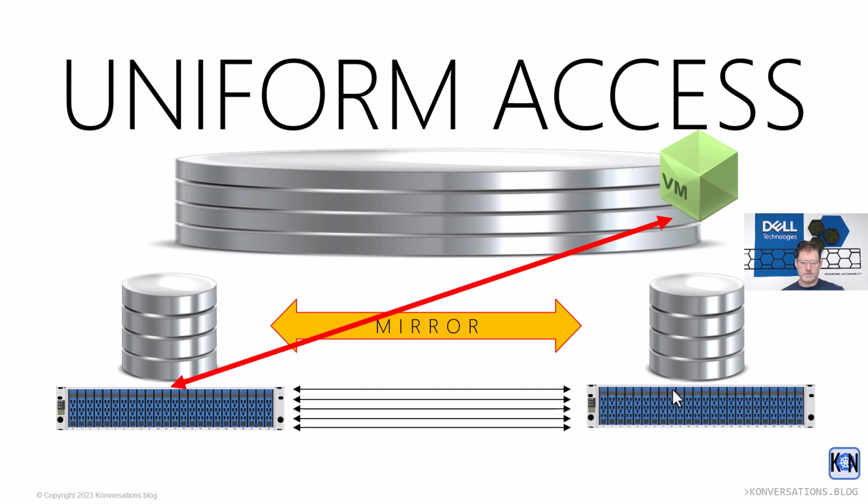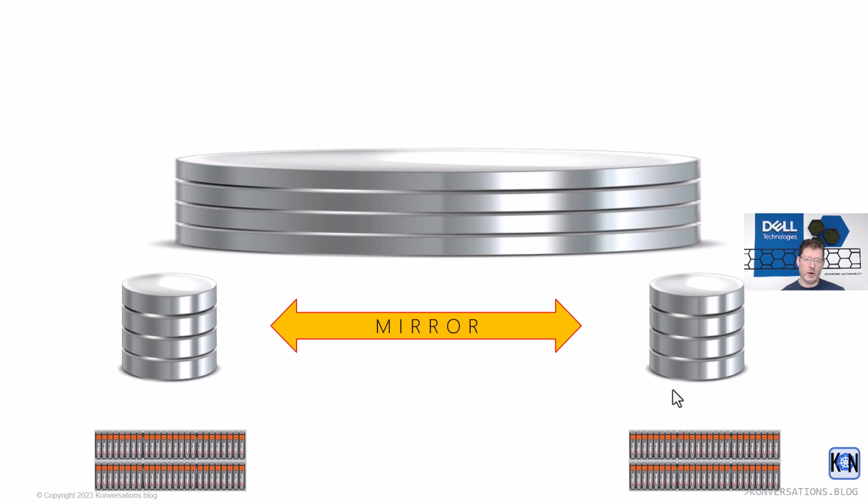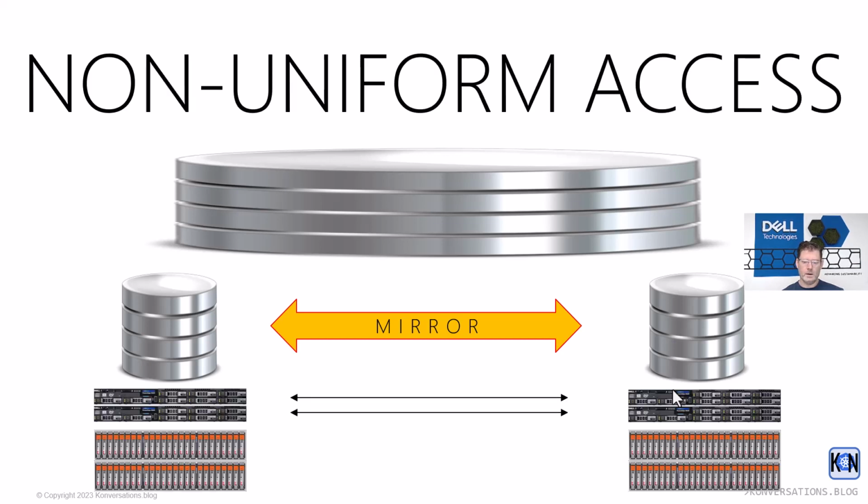The other method goes something like this. What if I don't saw my array in half and stretch the controllers, but just build a controller or a pair of controllers in both data centers? In this scenario, I have a full-blown storage array in one data center and a full-blown storage array in the other data center. Now I add some magic on top that will allow the mirroring, or the active-active Metro, to take place.